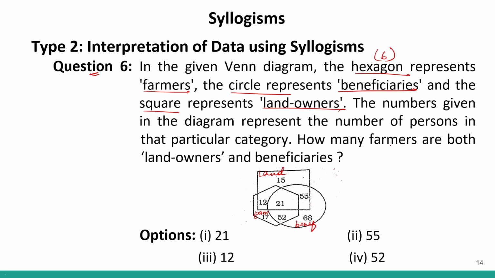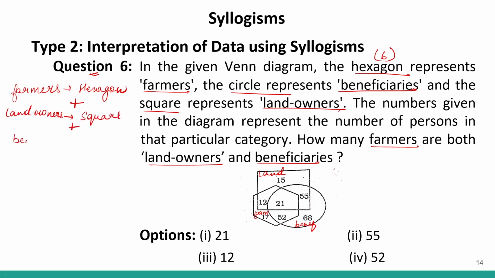So basically we have to find out farmers. Farmers means we have to make sure we have a hexagon. Plus we have to look at both landowners and beneficiaries. If they are landowners, we look at the square.